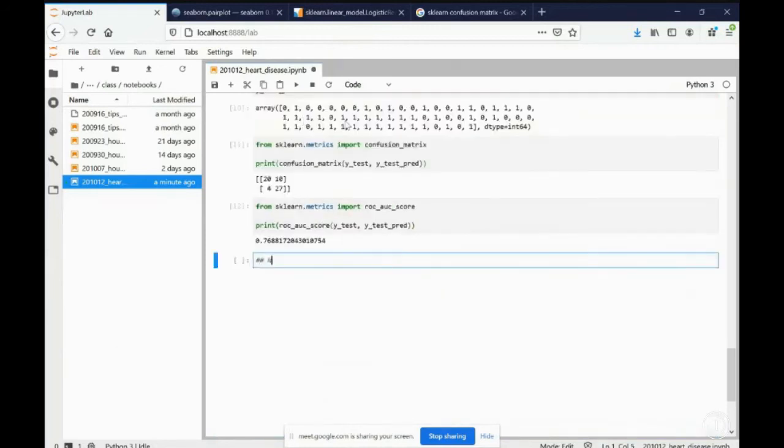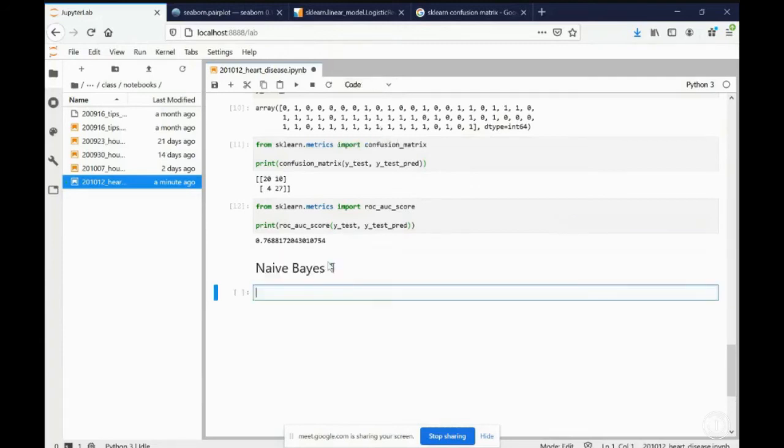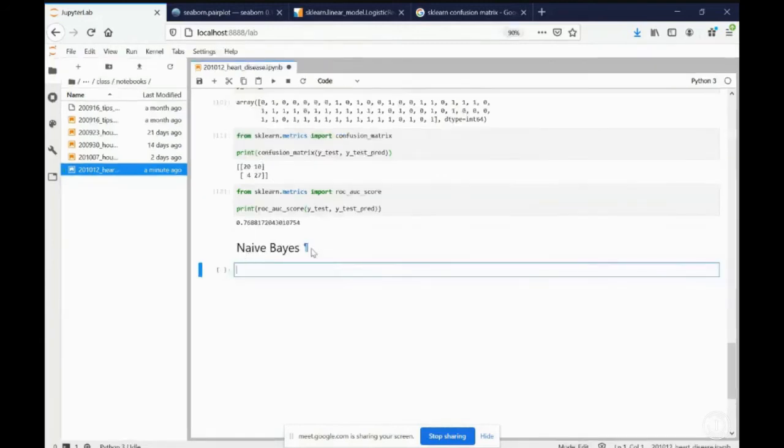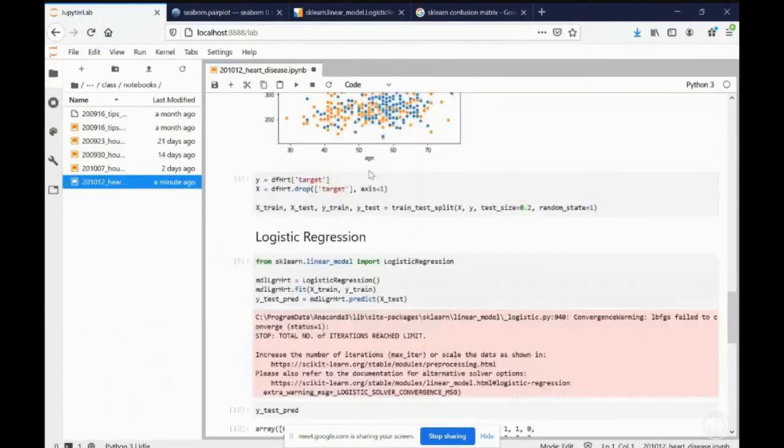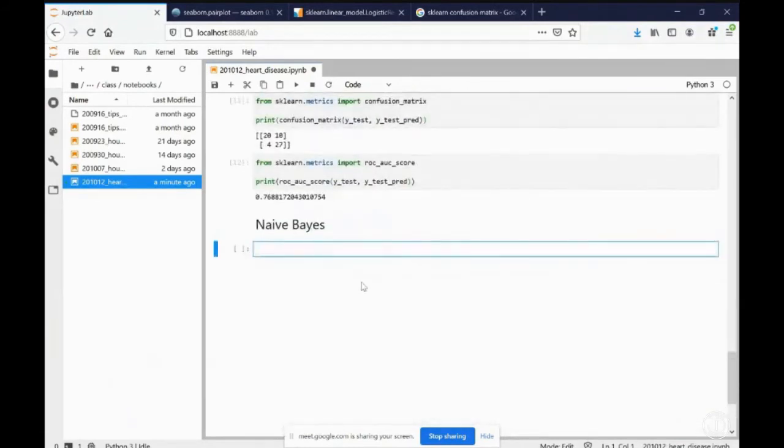Okay, so another model is known as the naive Bayes model, and this is a very popular model because it is very easy to explain. The logistic regression model is also good. It's very easy to run, but the naive Bayes is very easy to explain because it is based on probabilities.